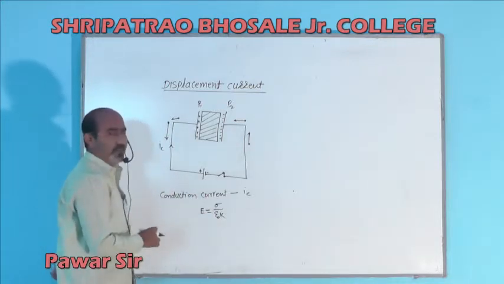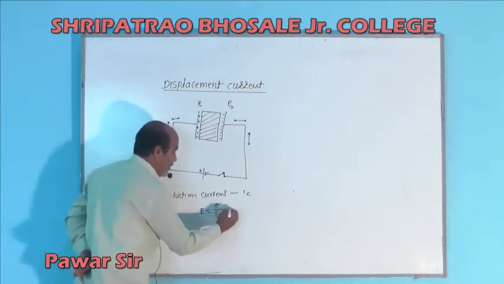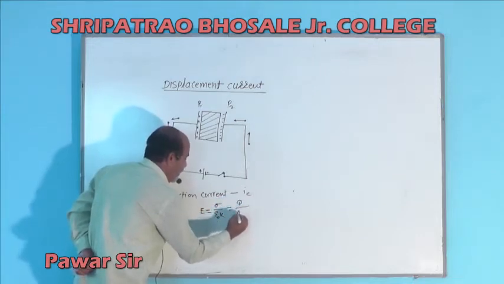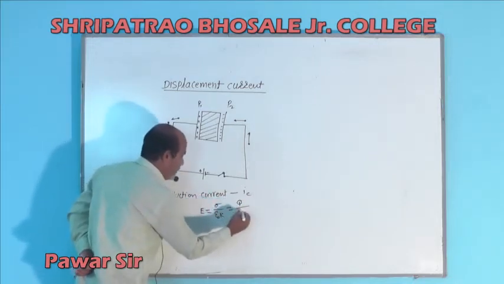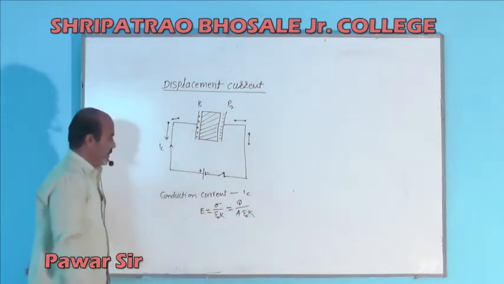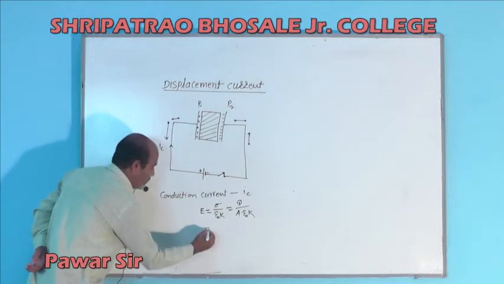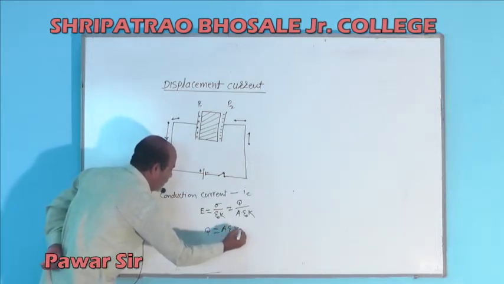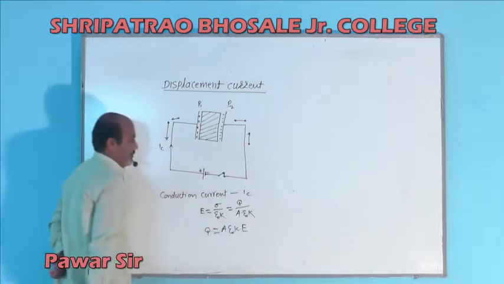Sigma is surface charge density, or we can write it as Q divided by A, into epsilon 0 k. So we can write Q is equal to A epsilon 0 k into E.